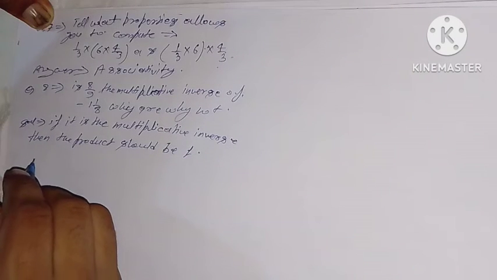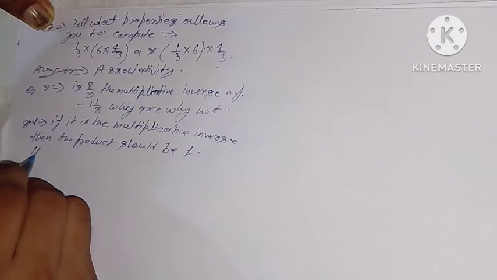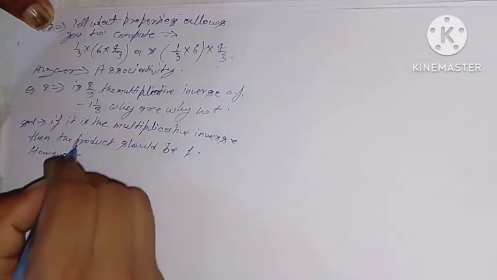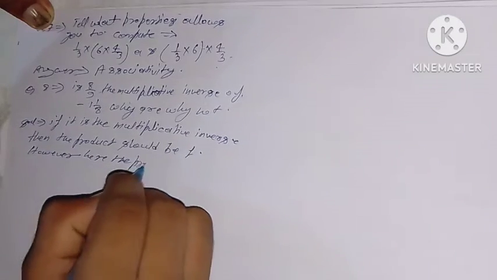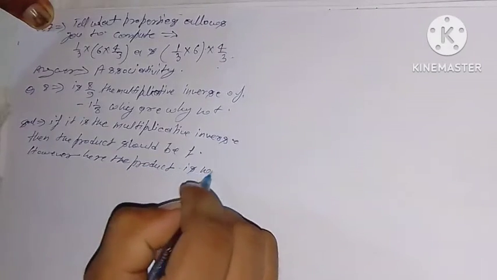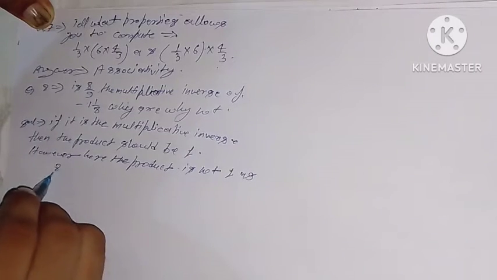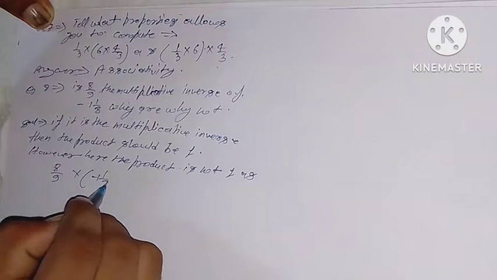However, here the product is not 1, as 8 upon 9 multiplied by minus 1 upon 8.